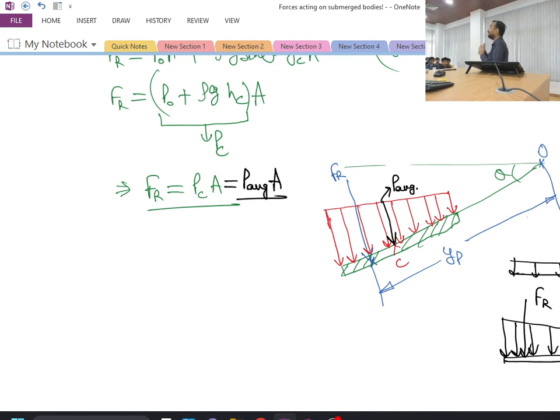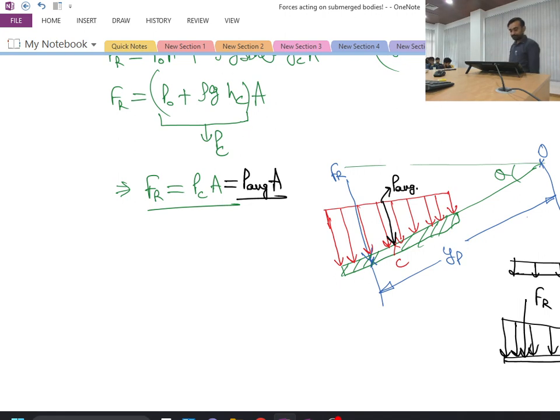Both the moments should be equal, because the line of action of the resultant force we are deciding based on the resultant effect of the distributed force. Okay, so that's why both the moments should be equal. Then only will we be able to accurately define the coordinate of its line of action.